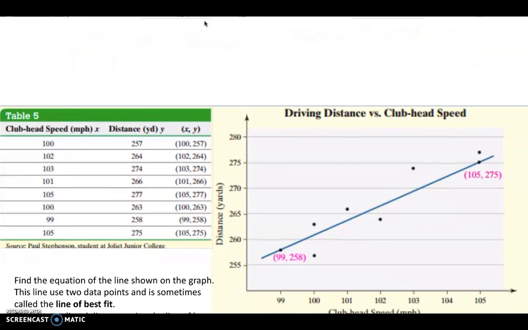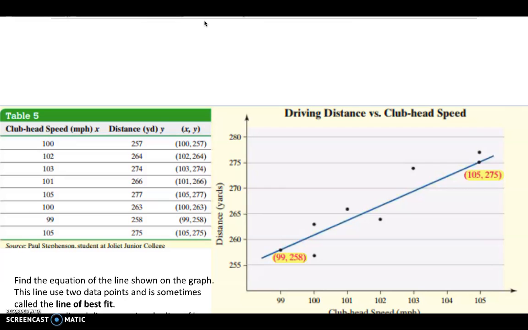Okay, so here's, for an example, driving distance versus club head speed in golf. You can see that we've got this positive linear trend going on. If we use the 2 data points, a club head speed of 99 has a distance of 258, and a club head speed of 105 has a distance of 275.